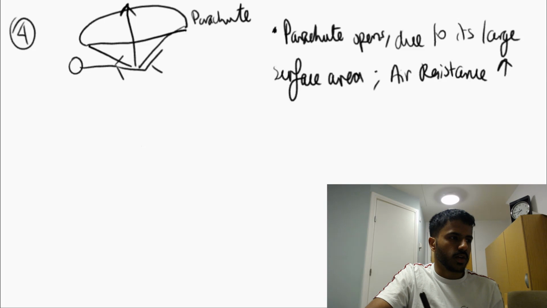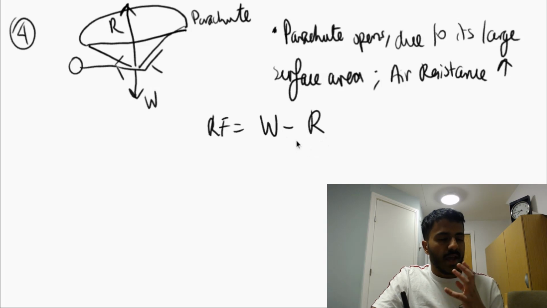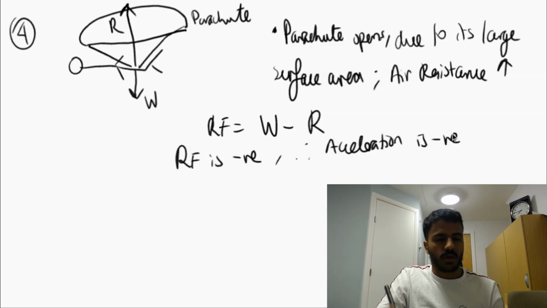And in comparison, you're going to get the weight being smaller than the air resistance. So therefore, the resultant force in this case is still going to be the weight minus the air resistance. But because air resistance in this case is now bigger than the weight, the resultant force is negative. And therefore, the acceleration is negative in the downwards direction.